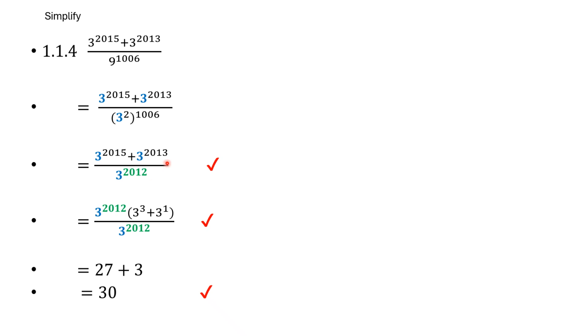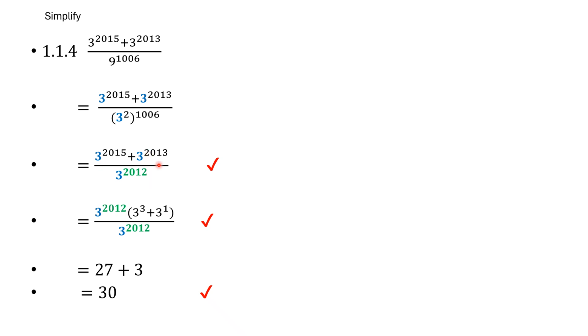So on the top, as I said, whenever terms are separated by plus or minus sign, we'll always look for a common factor. Now technically I can take out 2013, but we haven't tested a true common factor for a while. So I'm going to take out the exponent that will cancel with the bottom.